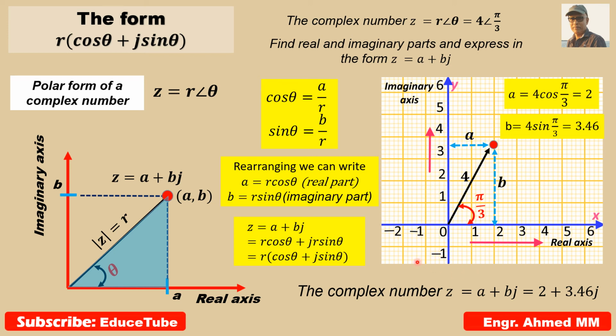Easily we can say this one we got. It means there is an alternative way of expressing a complex number with modulus r, argument theta. So we understood now. Our complex number we already had in this form, but we used these equations, trigonometry, cos theta, sin theta, and then we got this.